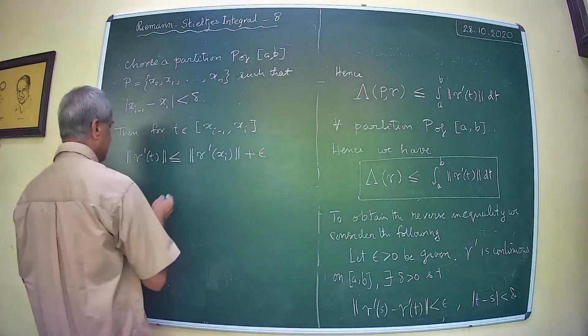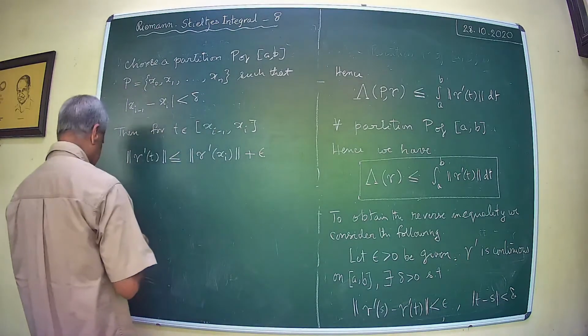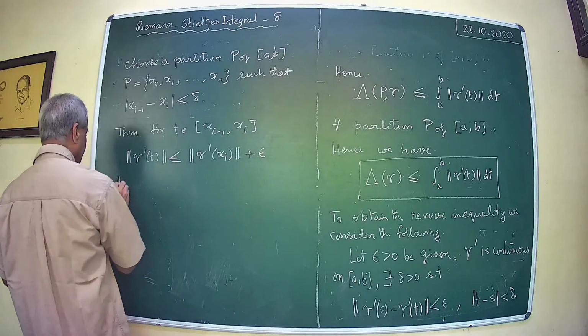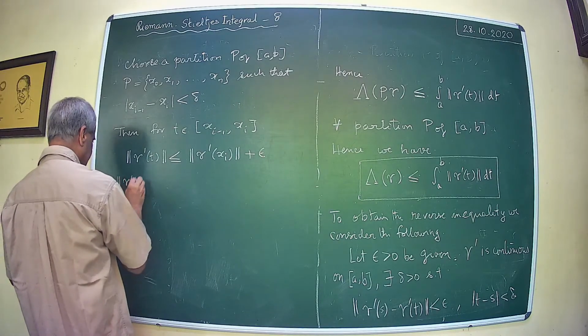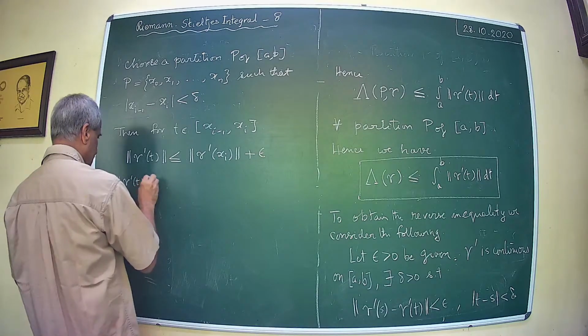What you get is the following. So you can compute this gamma prime t minus gamma prime xi.